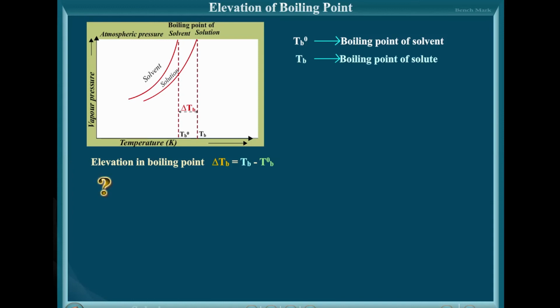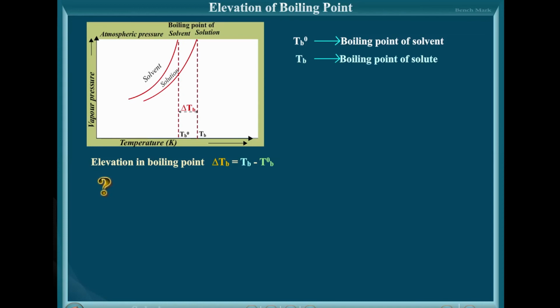Here the mass of the solvent is in kg. If the mass of the solvent is in kg, then N2 by W1 is equal to the molality of the solution.